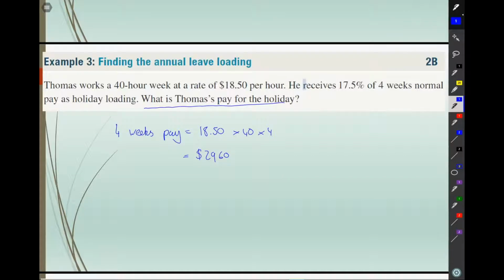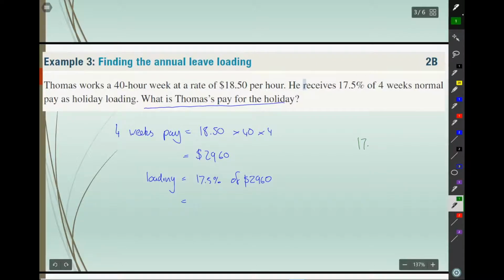Alright, now the loading that he gets paid on top of that is going to be 17.5% of this amount. So loading is our 17.5% of 2,960. Now, if you want to put this into your calculator, don't forget you can use the percent button, or we can put it in as a decimal where it looks like this.